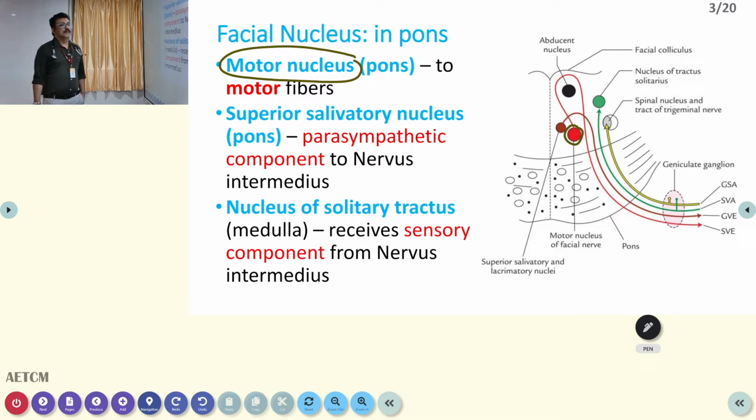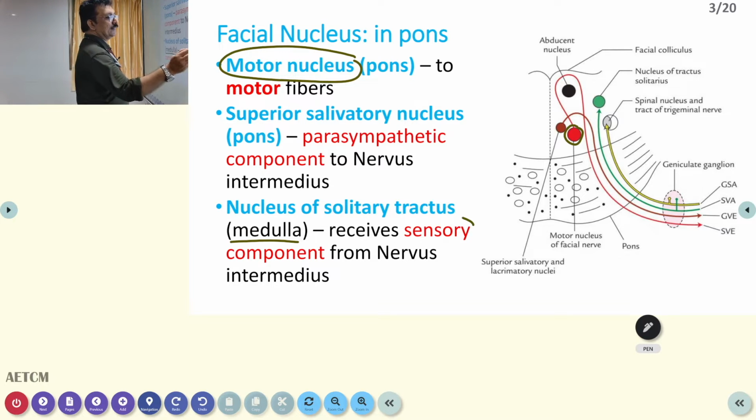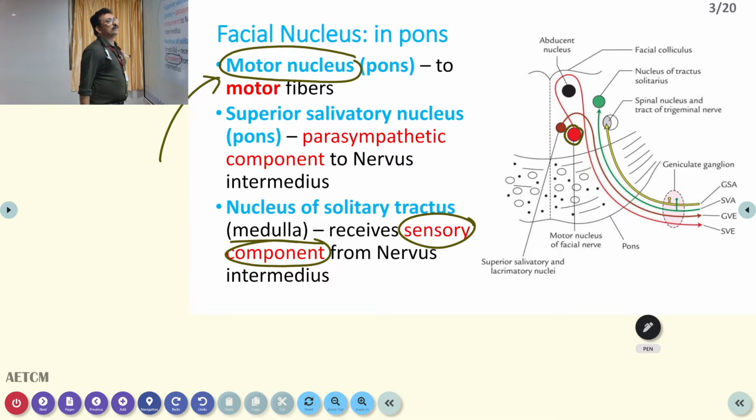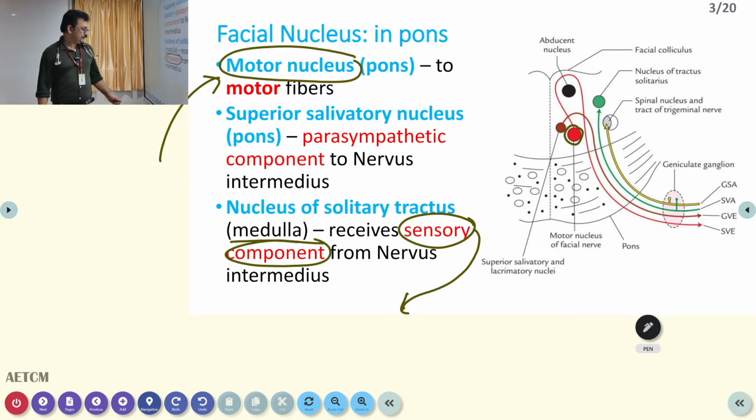Then there is the superior salivary nucleus that controls the parasympathetic component of the nervus intermedius, and the nucleus of tractus solitarius, seen in the medulla, that receives the sensory component mainly from the tongue. But normally when we are examining the patient, we mostly examine the facial muscles. So only the motor nucleus we are examining clinically. But if you have time, you also have to examine the sensory part of the facial nerve.